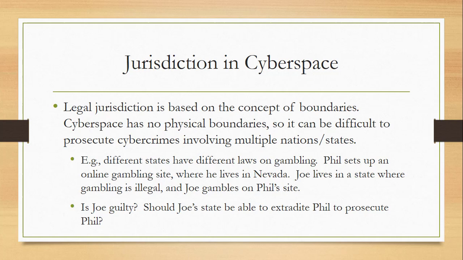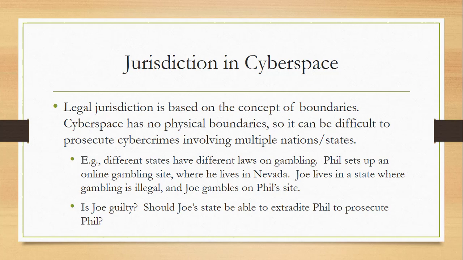So the possibility for cybercrime is boundary-less in terms of countries, nations, states, etc. Cyberspace has no physical boundaries, so it can be difficult to prosecute cyber crimes involving multiple nations or states.